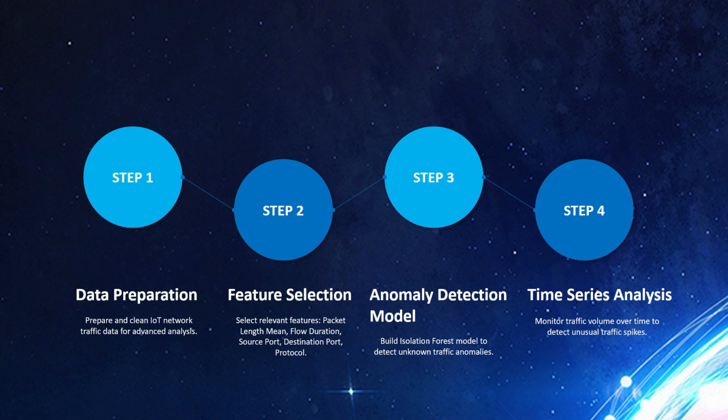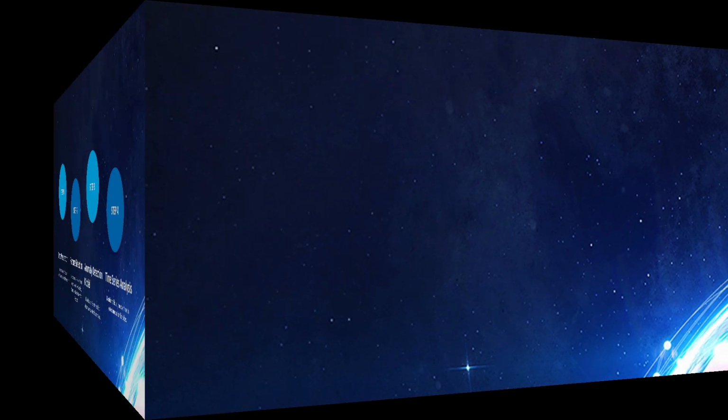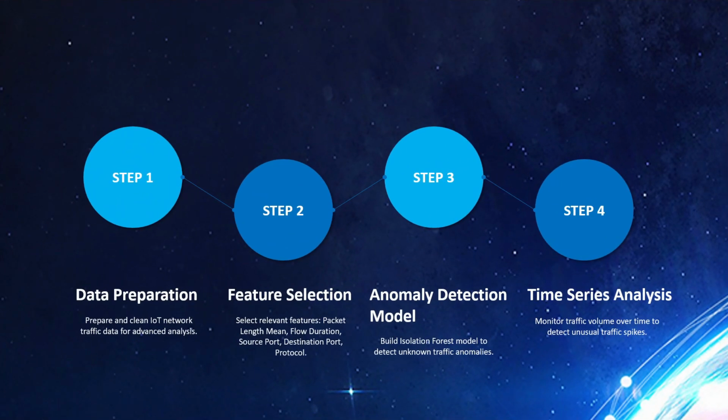Third, we implemented an anomaly detection model using isolation forest, which is especially effective for identifying rare and unusual patterns in large datasets. And fourth, we integrated time series monitoring to detect real-time traffic spikes and trends over time.